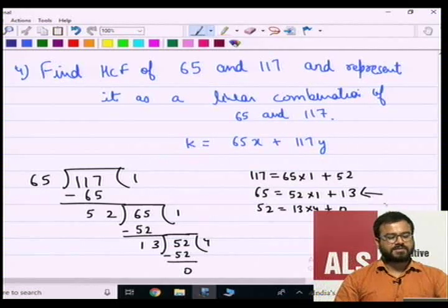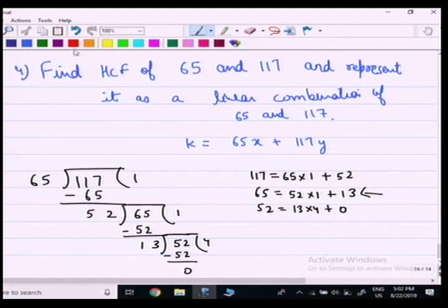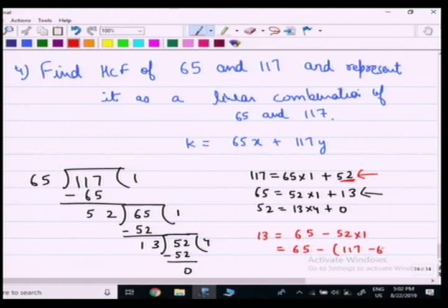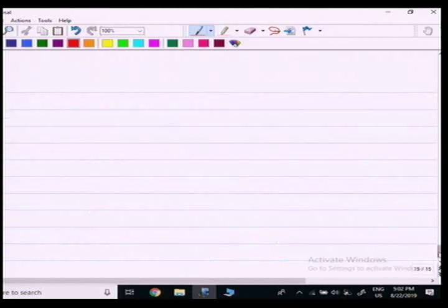So we'll start with this 13. We will write 13 as 65 minus 52 into 1. Now we will replace this 52 with the help of the previous step. So 52 can be written as 117 minus 65 into 1, and this minus into 1 as it is.